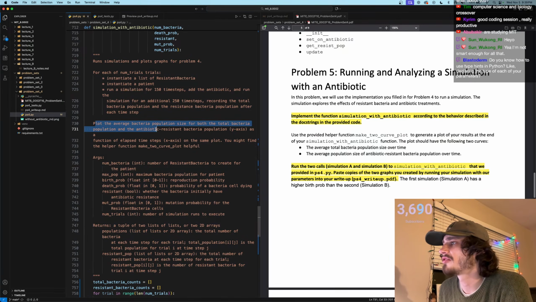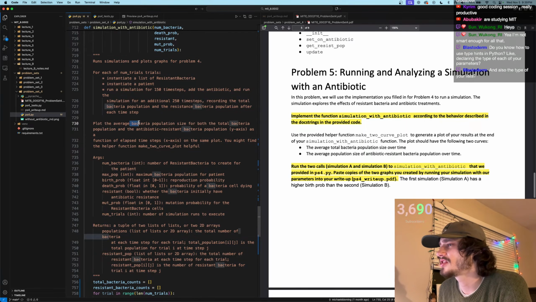So then plot the average bacteria counts. Plot the average bacteria population size for both the total bacteria population and the antibiotic resistance bacteria populations on the y-axis as a function of elapsed time on the same plot.